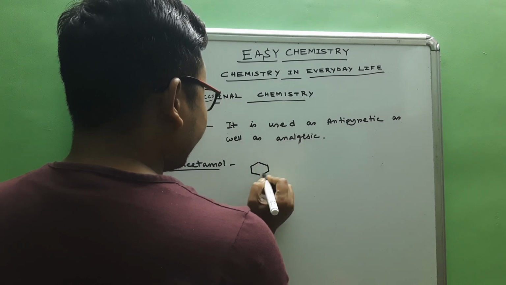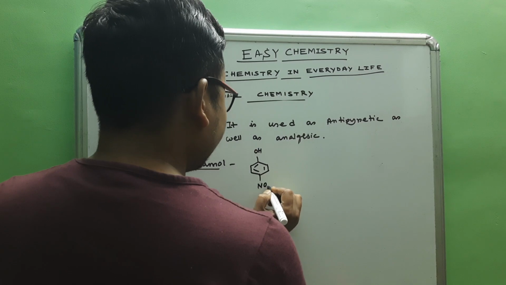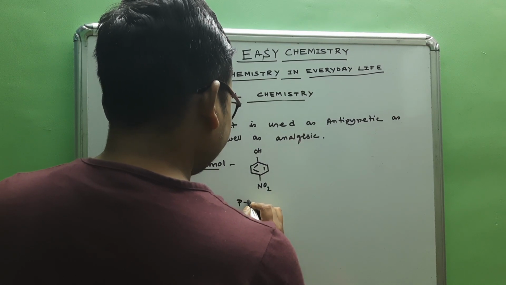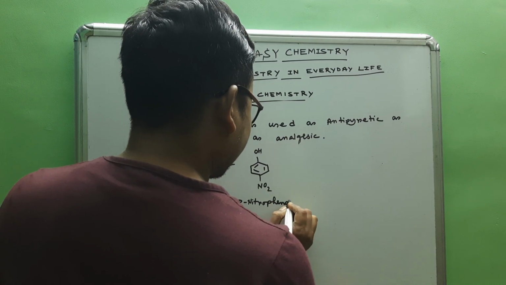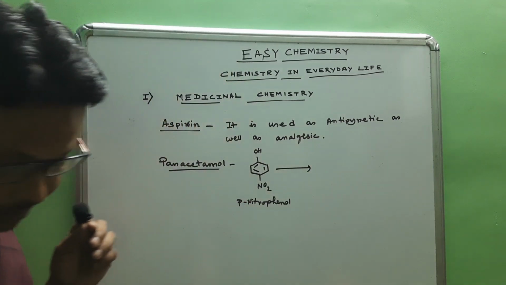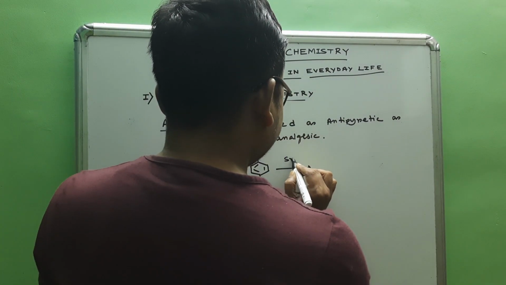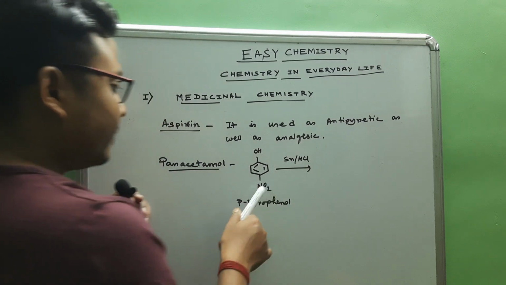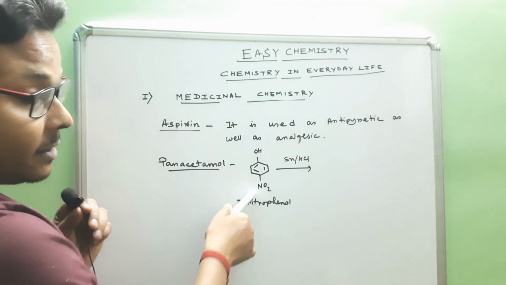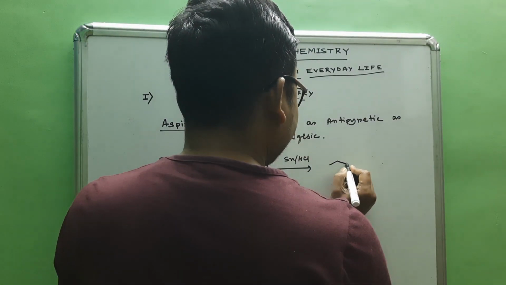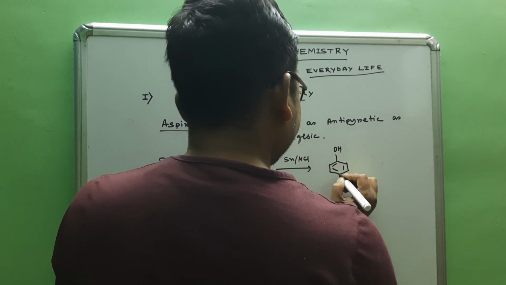Starting from paranitrophenol, treat this paranitrophenol with tin and HCl and the nitro group will be reduced to NH2.